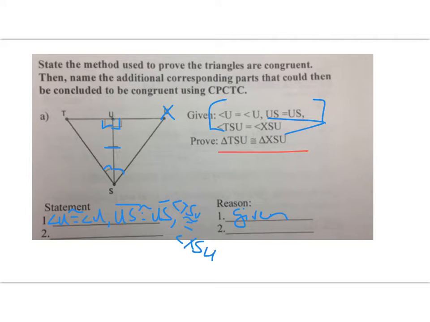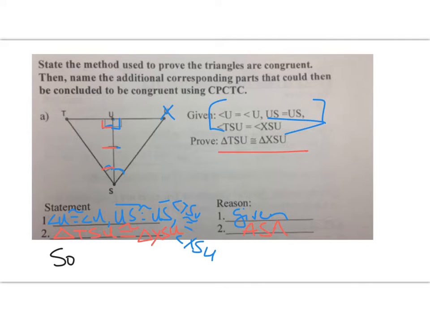So we want to prove that the triangles are congruent. We have angle, side, angle. So what CPCTC is saying then is that anything we haven't said is congruent yet on these triangles is congruent.